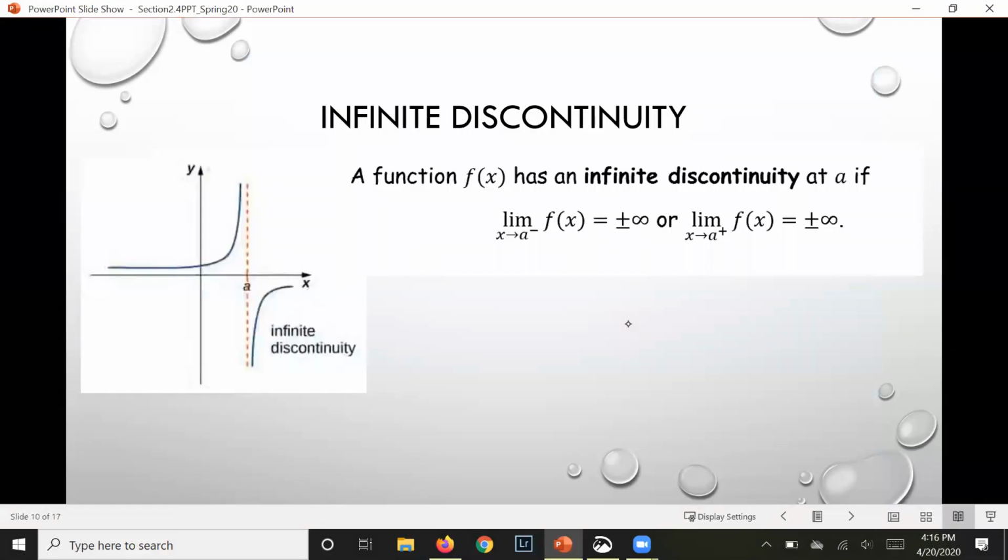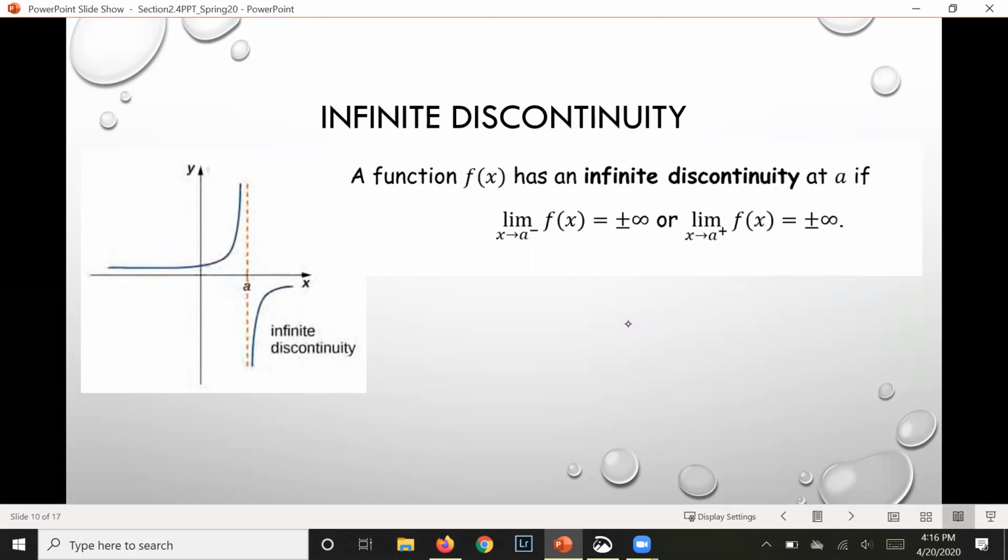All right, and then one more type of discontinuity is what we call an infinite discontinuity. We say that a function has an infinite discontinuity at a point if the limit as we approach from the left equals plus or minus infinity, or if the limit coming from the right-hand side of the function is equal to plus or minus infinity.